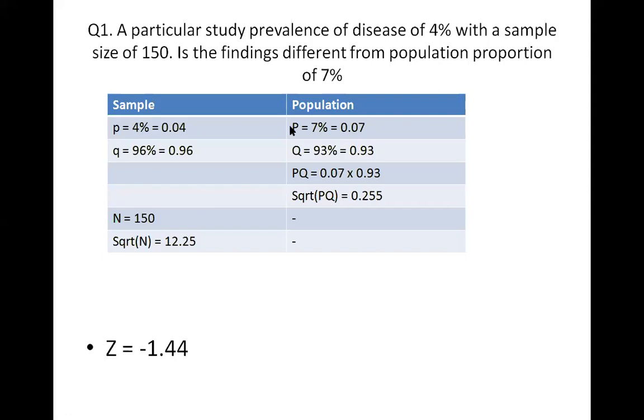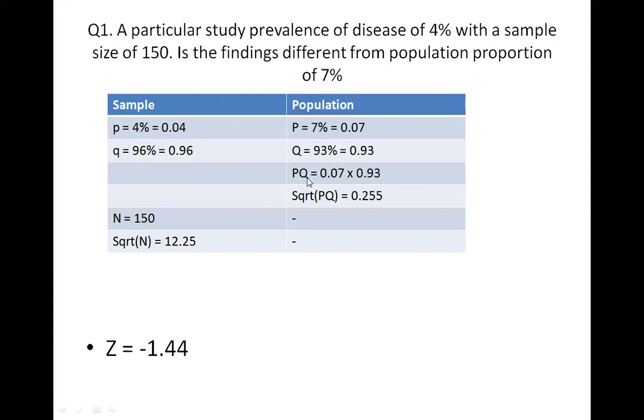The population proportion is 7%, and out of 1 it is 0.07. Small q for the sample is 0.96, that is 1 minus 0.04. Capital Q for the population proportion, that is 1 minus the population proportion, is 0.93.